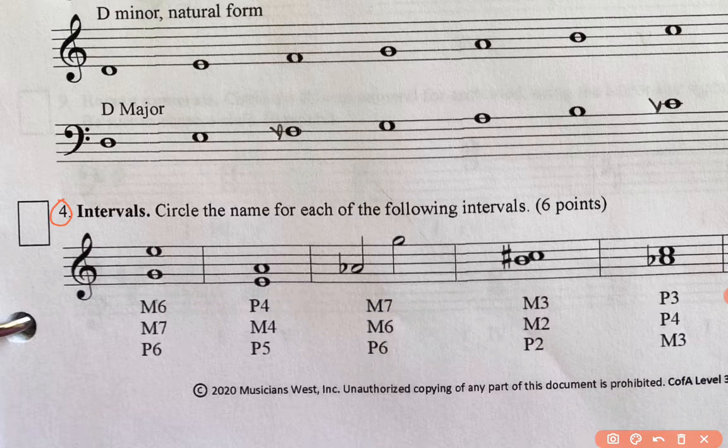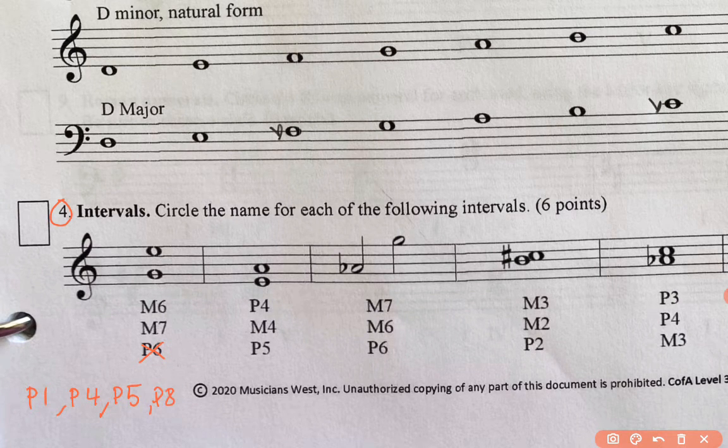Okay, you have 3 choices: major 6, major 7th, or perfect 6. So first of all, we have to exclude perfect 6 because such a thing doesn't exist. There are only 4 intervals that can be perfect: a perfect unison, a perfect 4th, a perfect 5th, and a perfect octave.